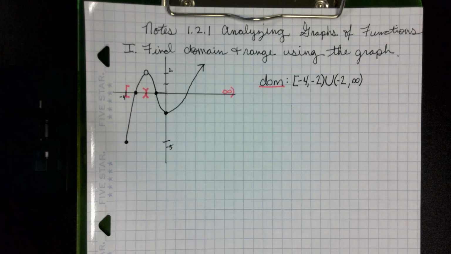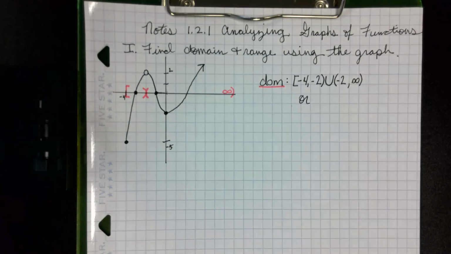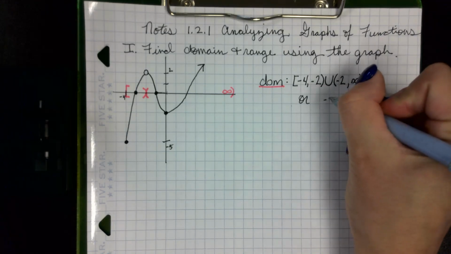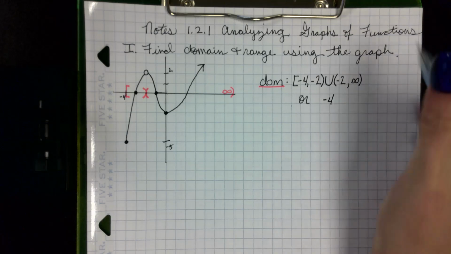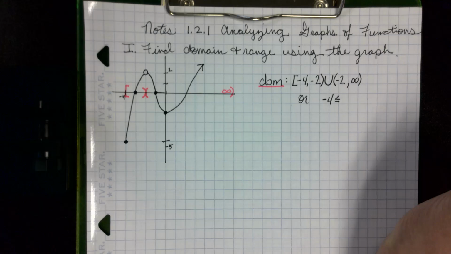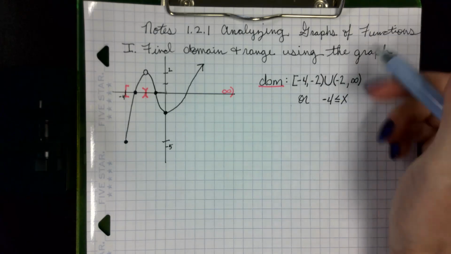So that was domain. You could also use inequality notation. I will always use interval notation because I prefer it. But we could also write this as our starting point was -4. The bracket means we're going to use less than or equal to because we're including. Domain is always x values. The next point was -2.